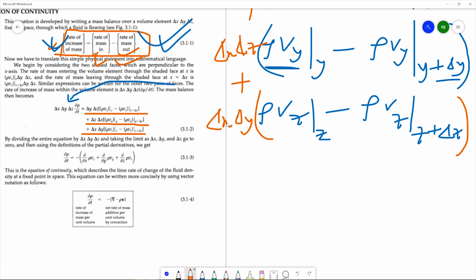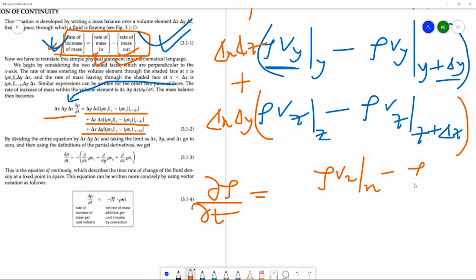Now, as earlier in the shell balance, we multiplied on both sides by delta x, delta y, delta z and then took limits. Similarly, in this formula, multiply both sides by delta x, delta y, delta z. So what will you get? You will get dou rho by dou t equal to rho Vx at x face minus rho Vx at x plus delta x, divided by delta x.